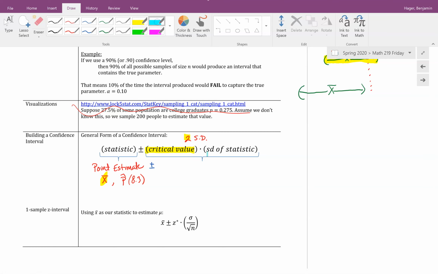And then of course we have the standard deviation of whatever we're dealing with, whether it be the sample mean or sample proportion. Now this together is known as the margin of error. The margin of error is basically the width of the window, or it's how far you go left or right from your point estimate. So this right here would be my margin of error.